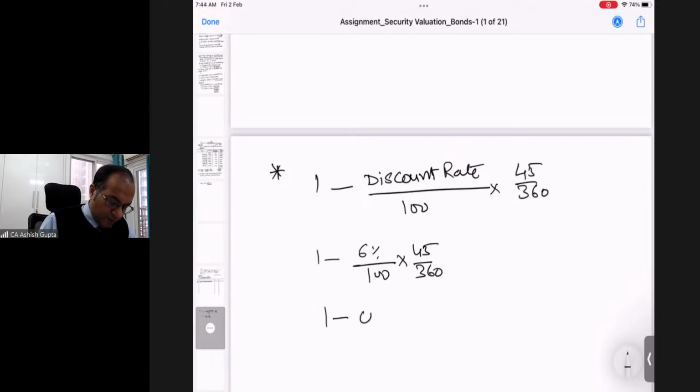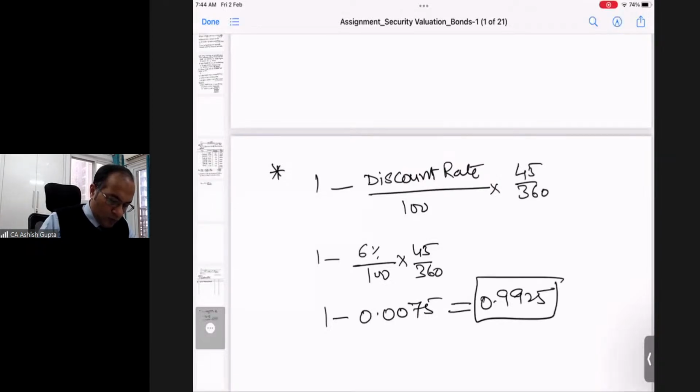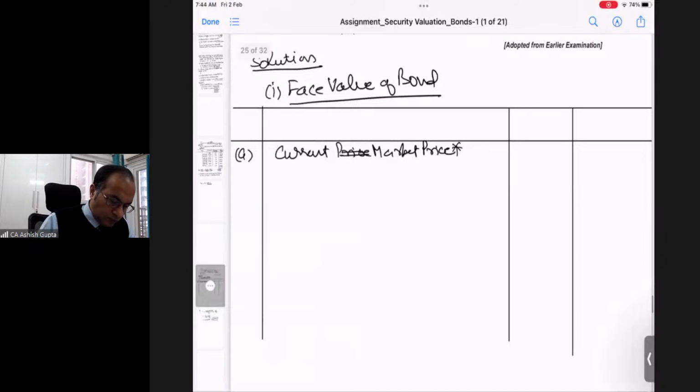So the current market price for 45 days at 6% comes to 0.9925.